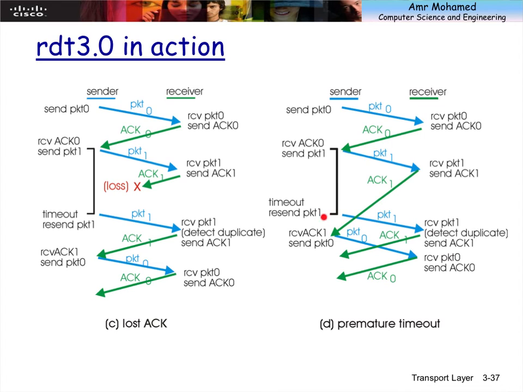If I had waited another 2 milliseconds, I would have accommodated this acknowledgement without having to send packet 1 again. I would have avoided retransmitting packet 1, because retransmitting packet 1 is a waste of bandwidth. Is that clear? This is the cost that I had to pay because of the careless estimation of timeout.